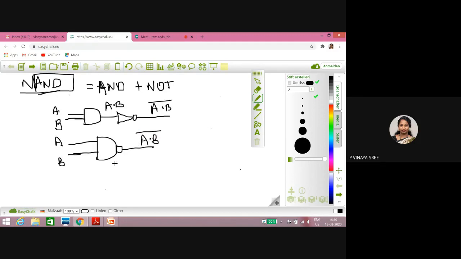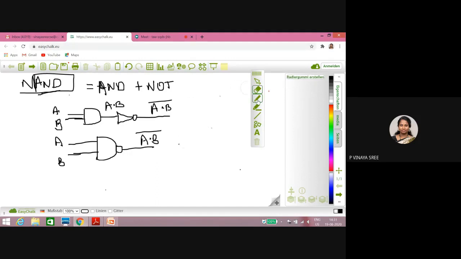If you know the three basic gates I explained just now, it's enough. From that you can trace out the remaining gates. So AND plus NOT, if you combine, you will get NAND. So we got NAND. Okay. So what will be the truth table? Symbol completed. Next we need to start with the truth table.